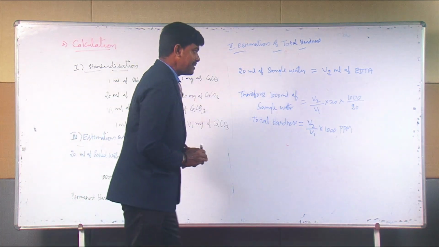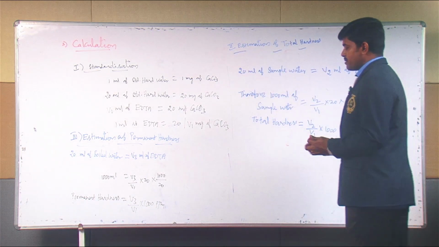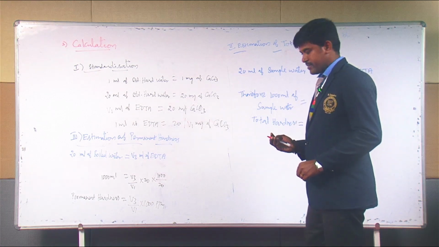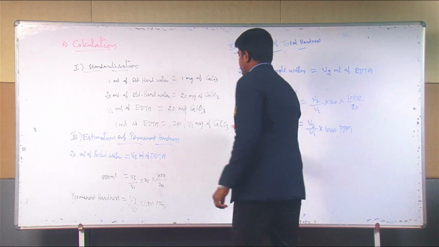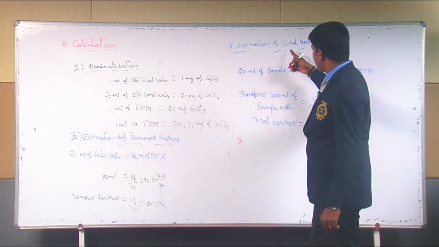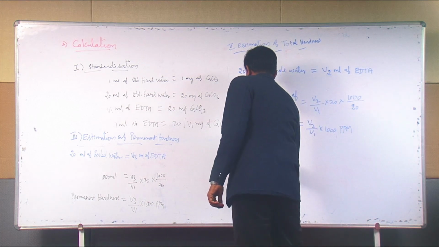Now we have determined the total hardness and we have determined the permanent hardness. The last one is the determination of temporary hardness. It is a simple thing. By comparing the total and permanent hardness, we can get the temporary hardness.